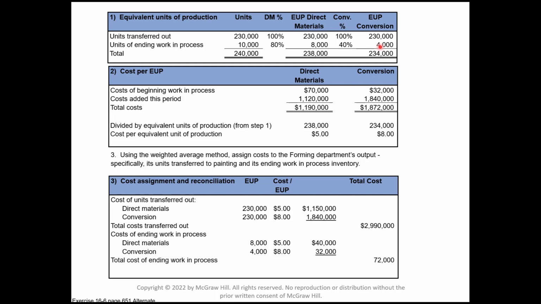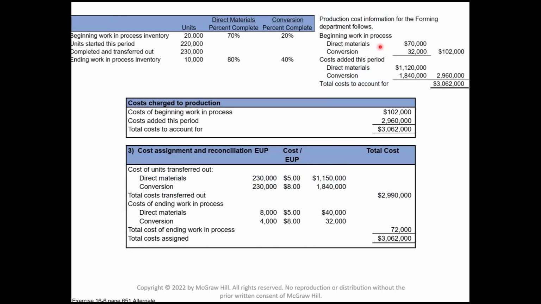Add that to the total cost transferred out to get the total cost assigned of $3,062,000. And then if you look back here, you'll see that that is correct. So we had a total cost of $3,062,000, and it's split between these units that are fully complete and transferred out and these units that are left in ending inventory.